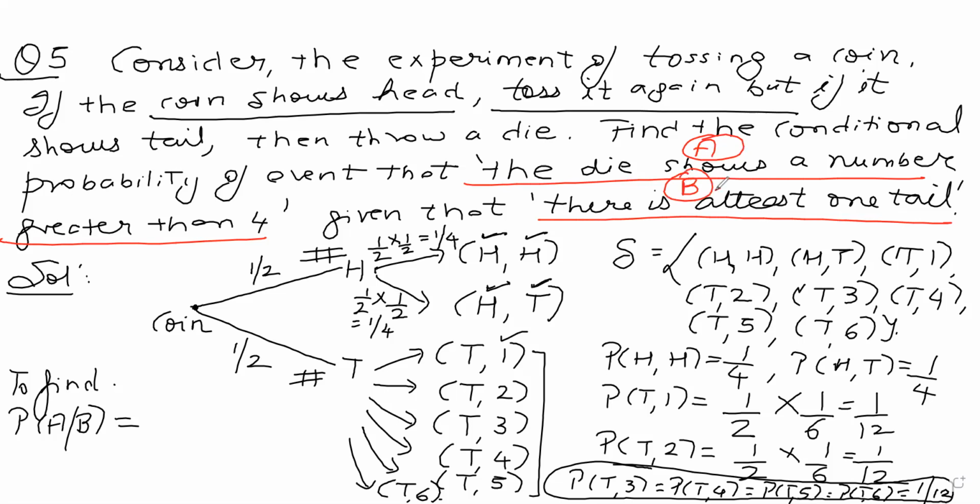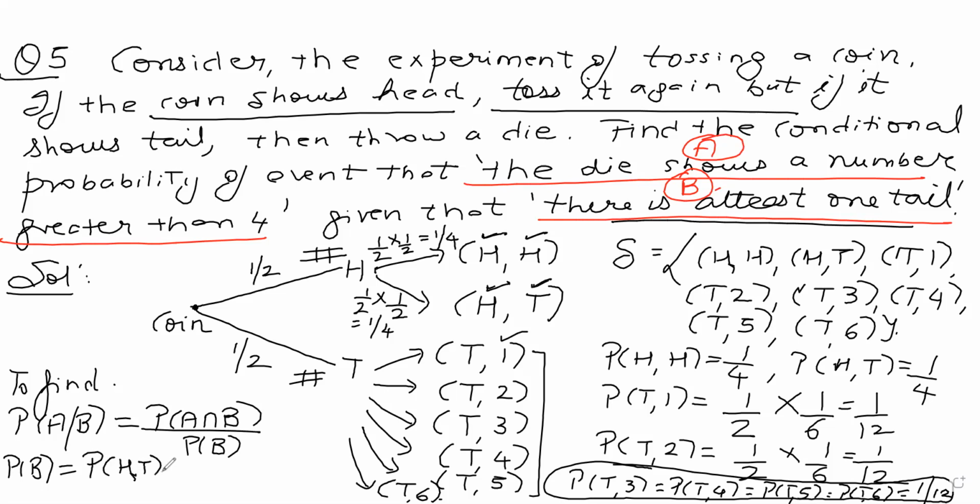So I can directly apply the formula. Probability of A given B is probability of A intersection B upon probability of B. Now what is the probability of B? Look at the event B. There is at least one tail. At least one tail means I can have either heads and tails, or, now or means add. Remember, in probability, and means multiply, or means add.